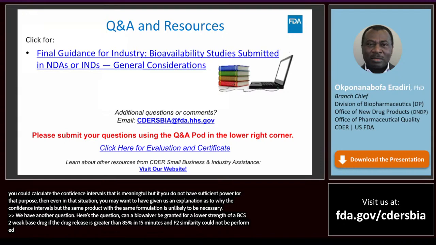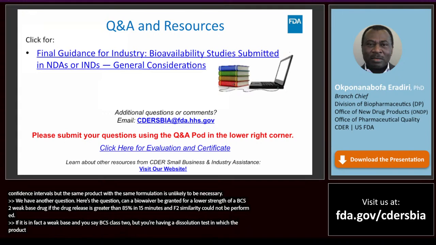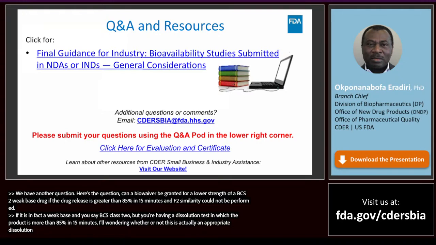This is not a straightforward question, but I will respond. My response is that if it is in fact a weak base, and it's a BCS class 2, and you are having a dissolution test in which the product is releasing more than 85% in 15 minutes, I'm wondering whether or not that's actually an appropriate dissolution test for your product.